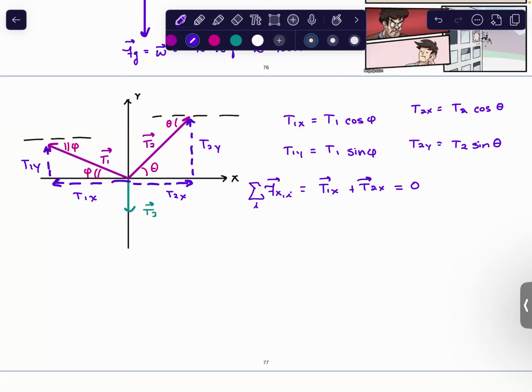And now I know, based on my positive and negative directions, T1x is going to be negative plus T2x equals 0.